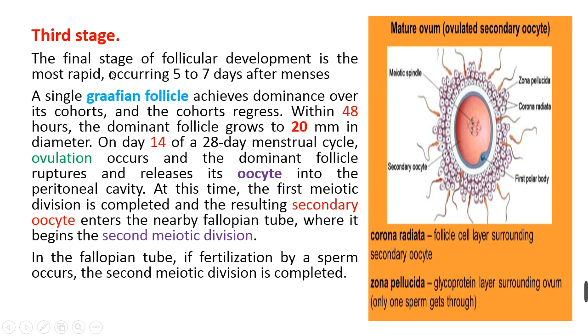The third stage, which is the final stage of follicular development, is the most rapid, occurring within 5 to 7 days after menses. A single Graafian follicle achieves dominance over the cohorts of other Graafian follicles.